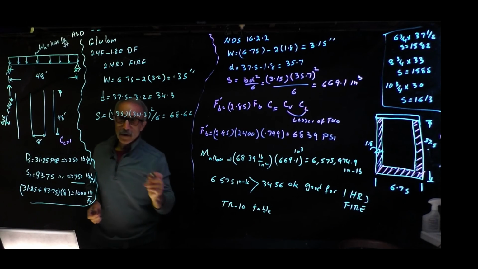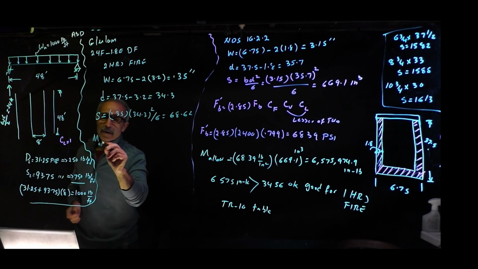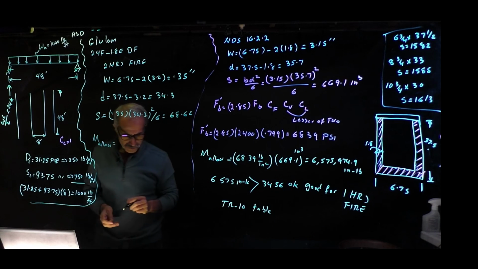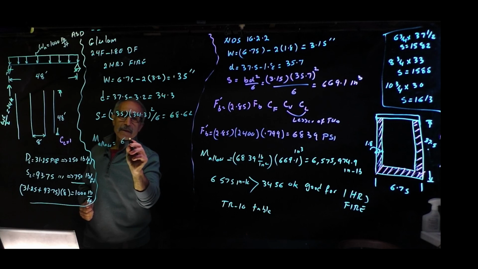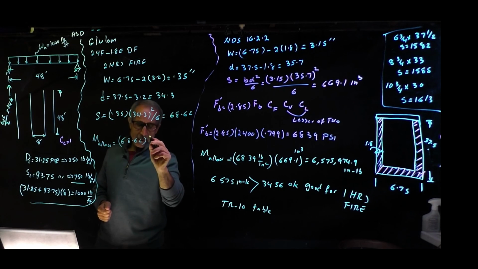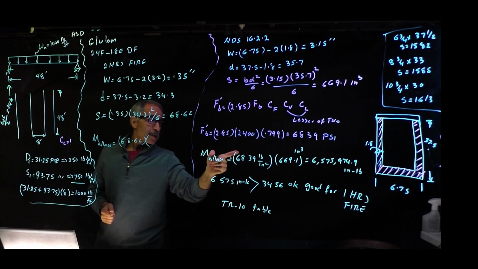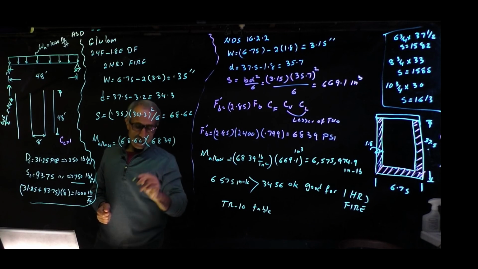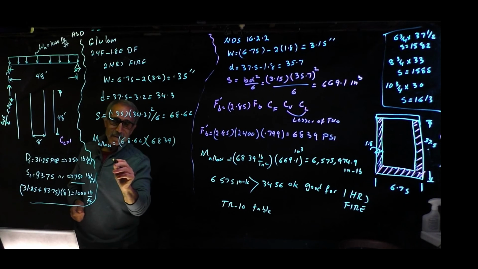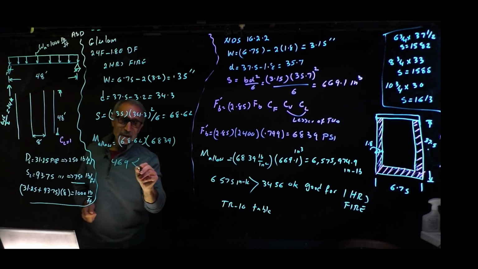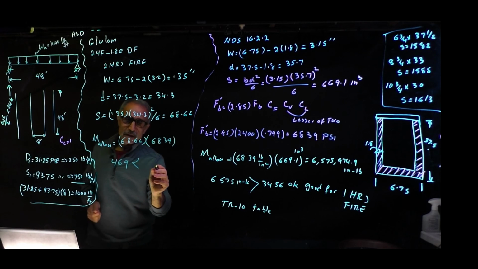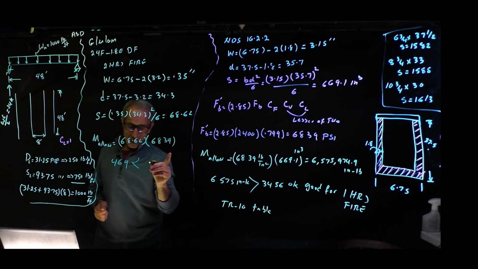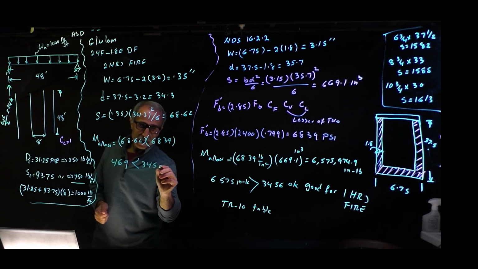And now your allowable moment is going to come out to be 68.62 times the stress, which was 6839, and that comes out to 469, which is less than the moment due to the load, which was 3456.